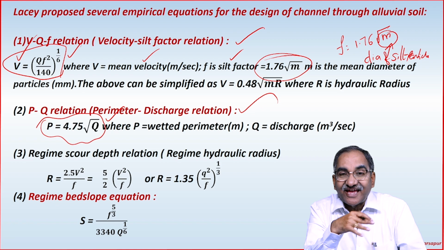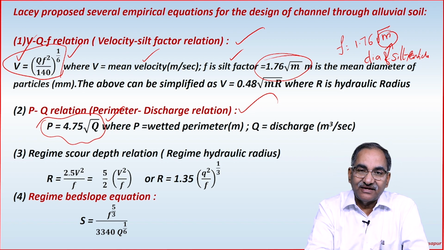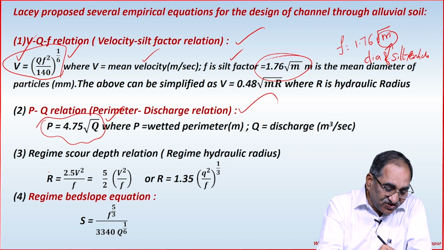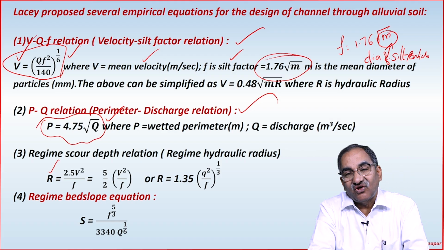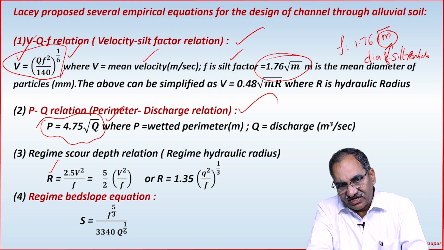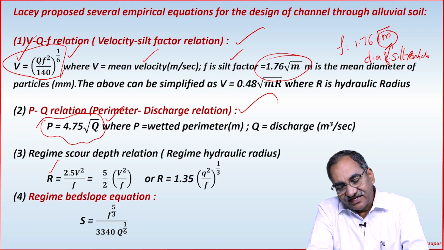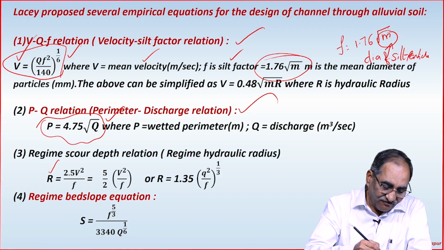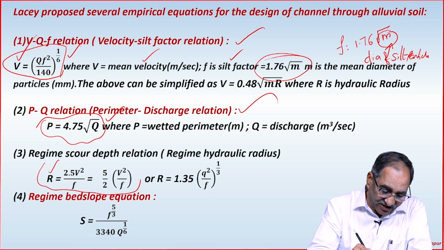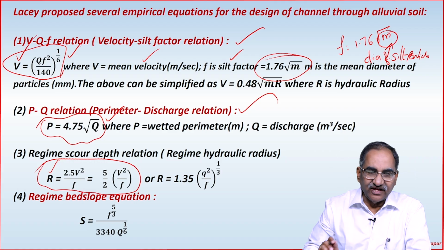But as far as the canal is concerned, we restrict ourselves to R equal to the regime hydraulic radius. Previously, we used to calculate R is equal to A by P. But Lacey has given one more empirical equation: R is equal to 5 by 2 into V square by F. So this is the third equation.